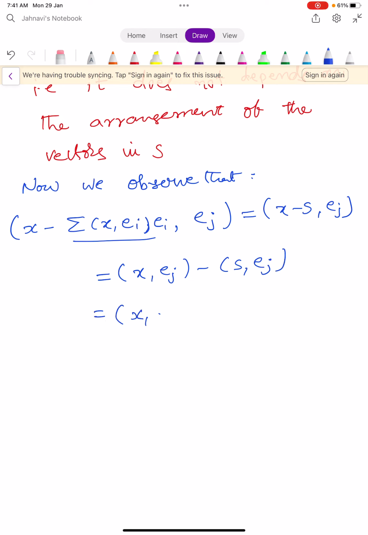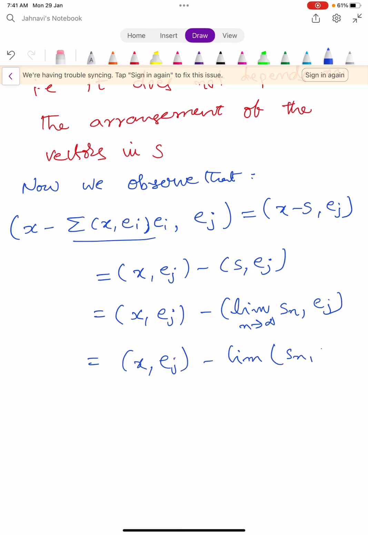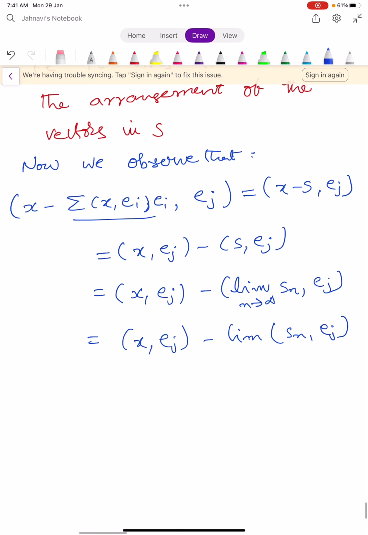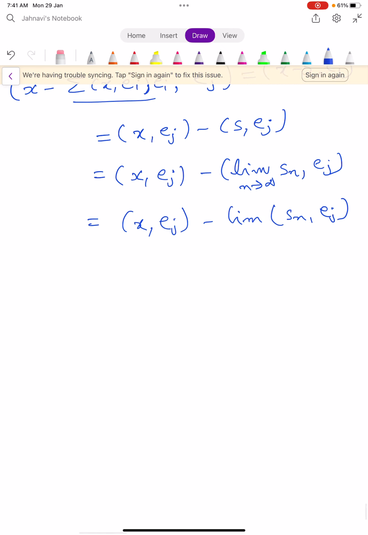And s can be written as limit n tends to infinity of sn, so it is inner product of x comma ej minus limit sn comma ej, by the continuity of inner product.